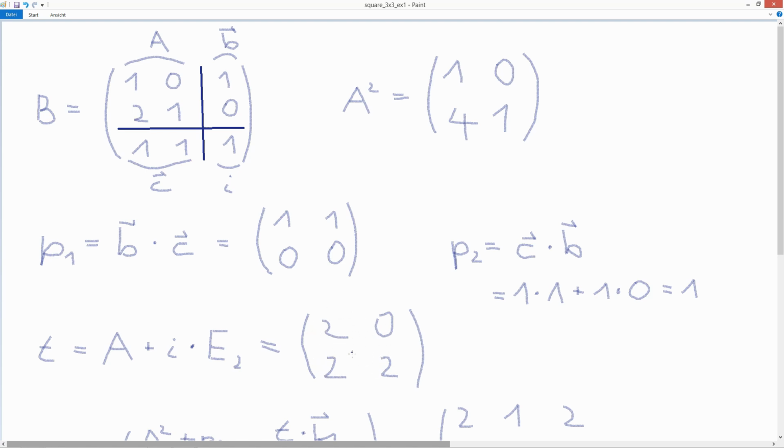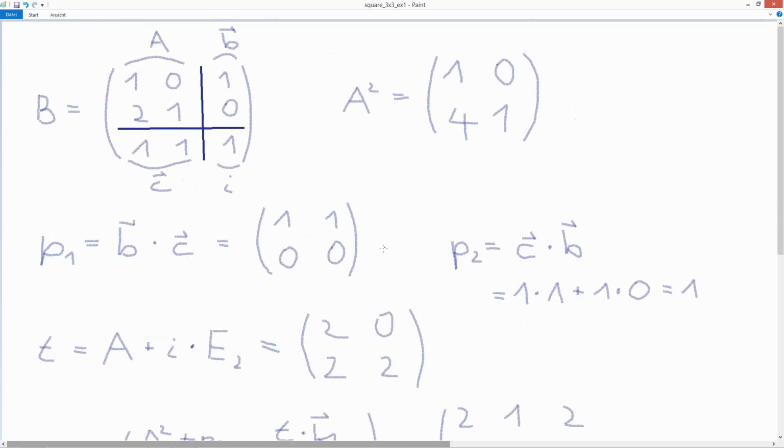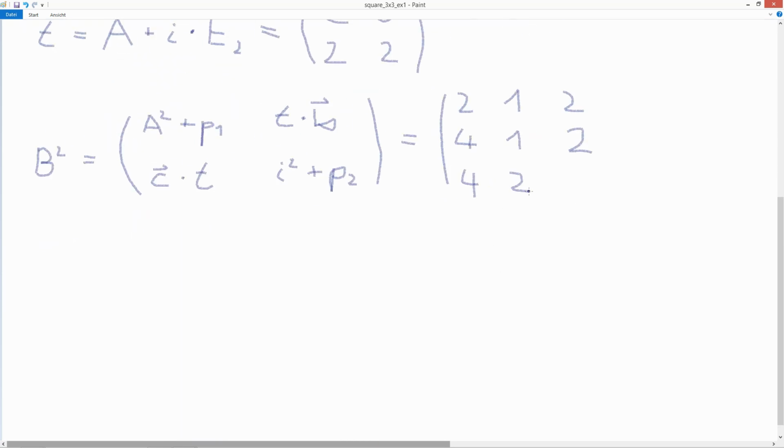We can just insert in the transpose of the matrix T. Or you can calculate this product C times T like this. 1 times 2 plus 1 times 2 is 4, and 1 times 0 plus 1 times 2 is 2.